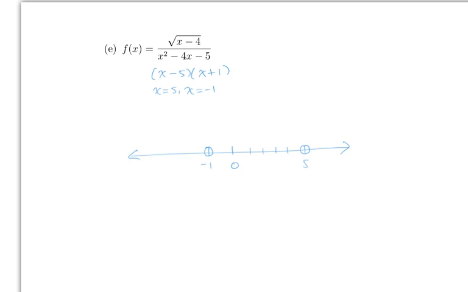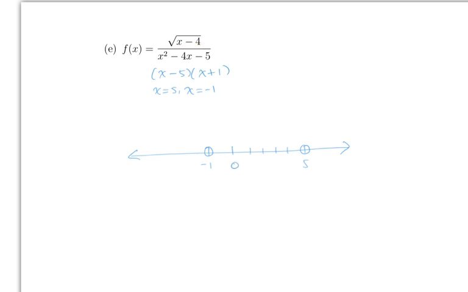So if I take out the square root, look, this is very important. Pay attention to this. If the square root was not here, then the domain is just x cannot be -1 and cannot be 5, and you're done. But because you have the square root, that messes everything up, because now you have to make sure that the inside is positive, okay?